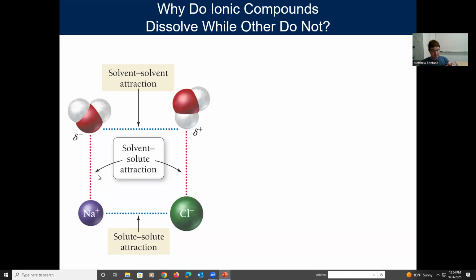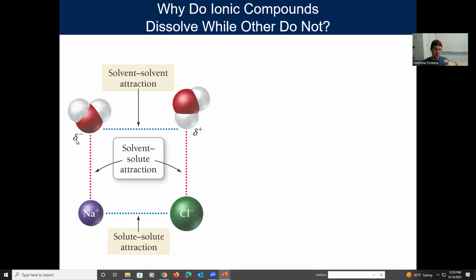So we need to have attraction between the water molecule and the sodium cation, and we need to have attraction between the water molecule and the chloride anion. What you can see here is that red atoms are oxygen. So you'll notice here we have the red atom for oxygen in the water molecule. It's going to have a partial negative charge on it because oxygen is a lot more electronegative than hydrogen.